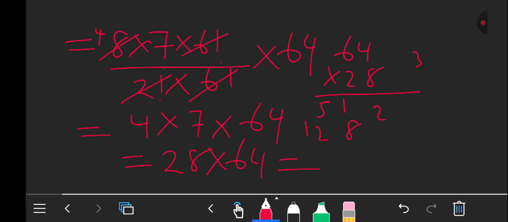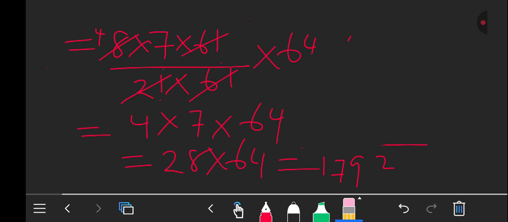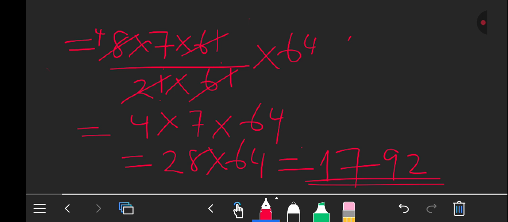So 12 there. So I'll have 2 there. I'll have 9 there. I'll have 5 plus 2, that is 7 there. And 1 there. Okay. So the answer it is giving is 1792. Let me just write it properly. So it's 1792. So this is our answer.